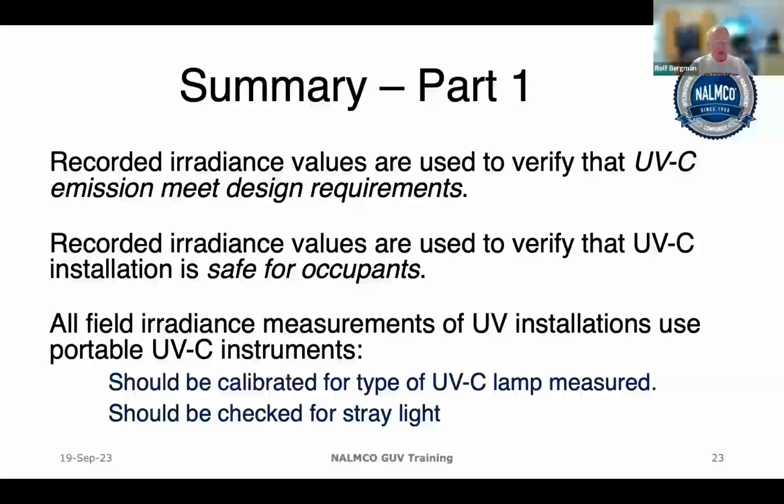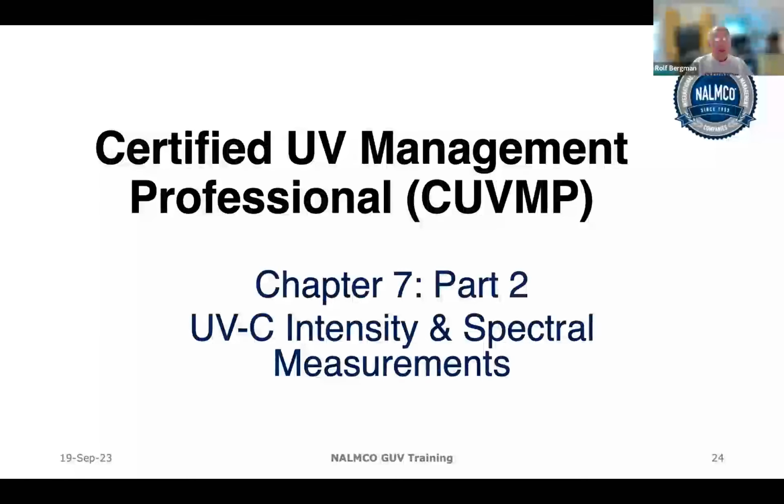The safe level is different depending on which luminaire type you use. And we've talked about the portable instruments that you use for these, and they should be calibrated and set for the type of UVC lamp measured. And you need to check for stray light to make sure that it's taken into account, either subtracted or done away with. Thank you.